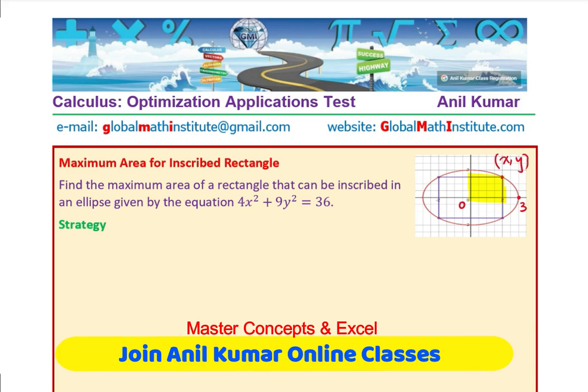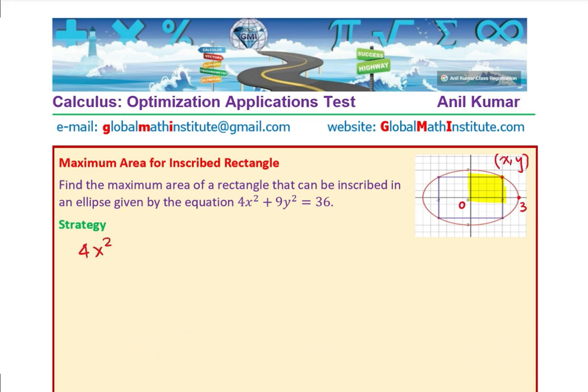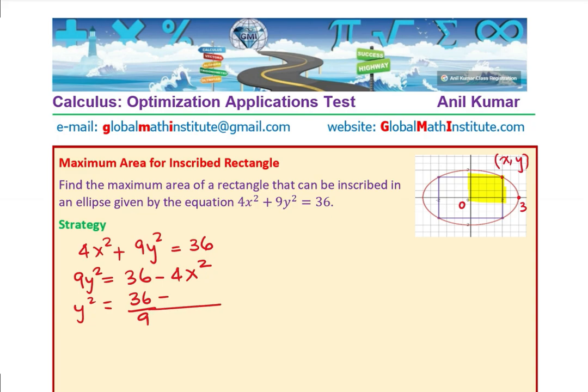And the expression given to us is 4x squared plus 9y squared equals 36. So let's find out what is y in terms of x. So we have 9y squared equals 36 minus 4x squared. So y squared will be 36 minus 4x squared, all over 9.